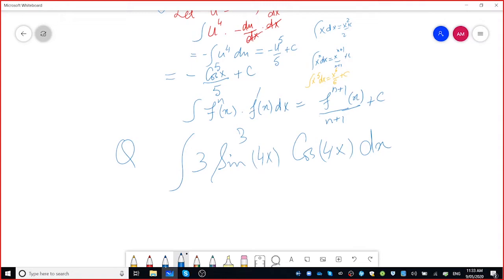Okay, so is the answer 3/16 times sine to the power of 4x?